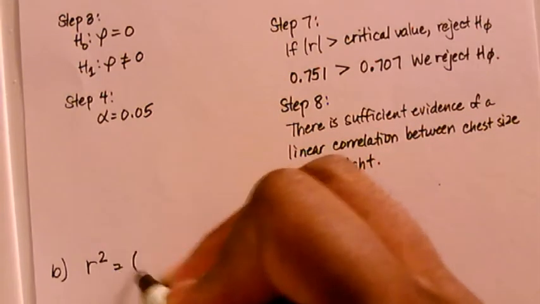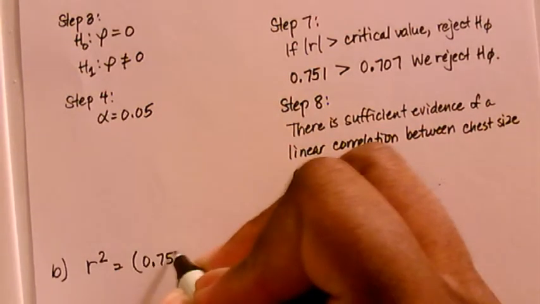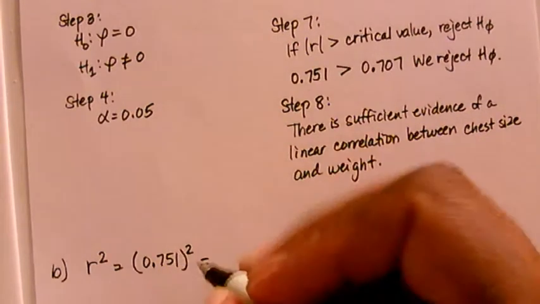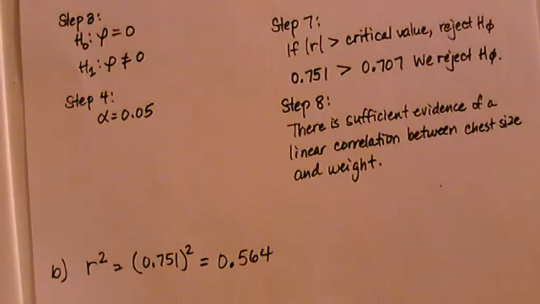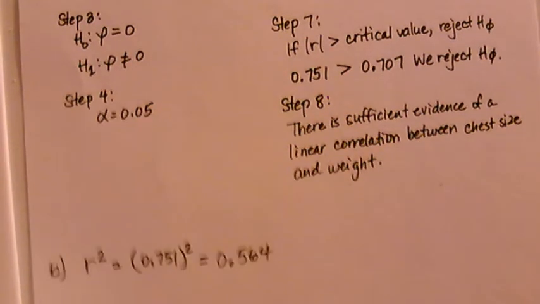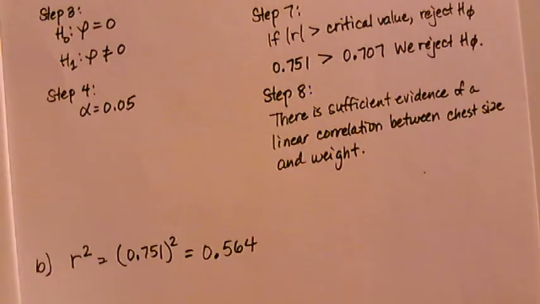We take that R, which is 0.751, and square it, and that gives you 0.564. So that 0.564 represents the proportion of variation in weight that can be explained by the linear relationship between weight and chest size.